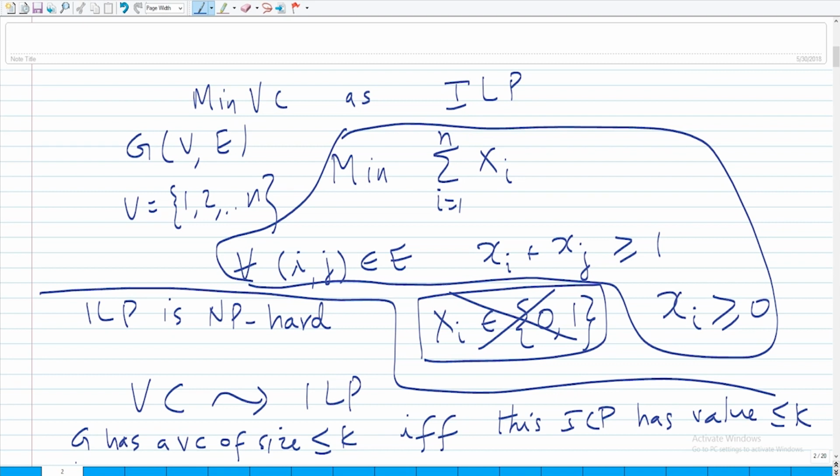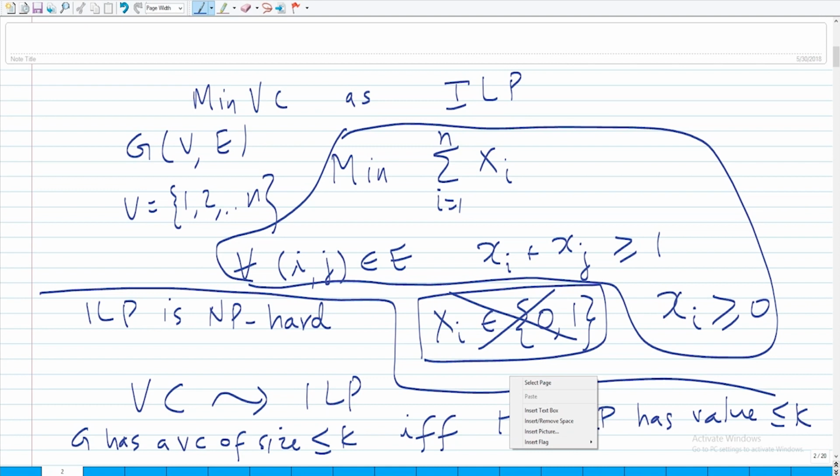If I put the integrality constraint, then the optimum solution is the minimum vertex cover, because with the integrality constraint that is exactly the formulation of vertex cover. So, then summation x i would be the minimum vertex cover. Now, I relaxed it. So, will it go down or go up? It is a minimization problem, right.